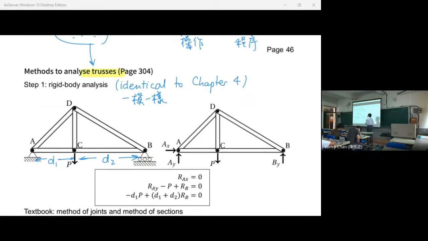As in chapter 4, we say this is a rigid body, and we draw the joints. At A, what kind of joint is this?